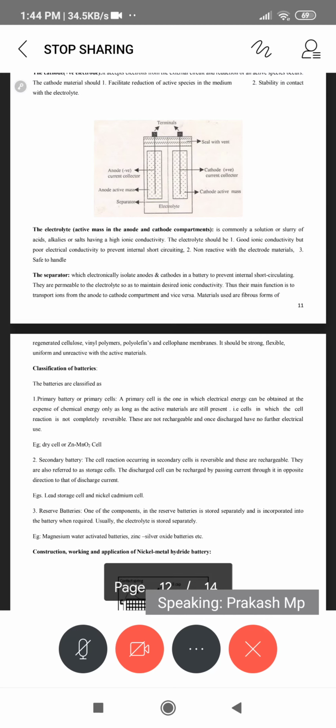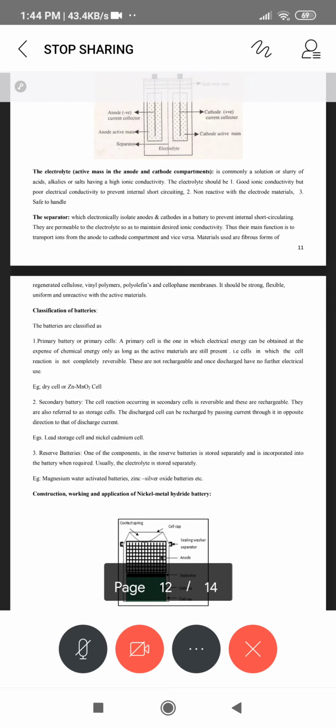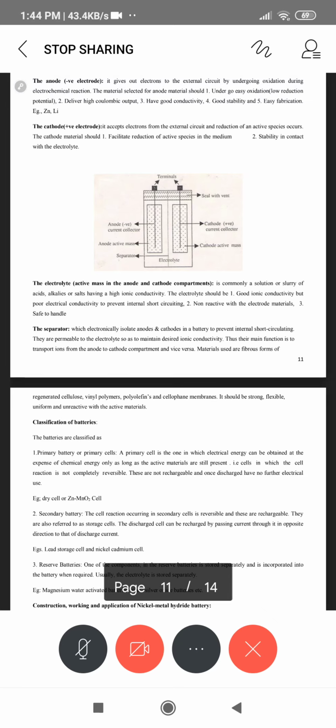For heavy vehicles 12 volts is required, but it can be done with 2 by 2 or 2 by 1. So 2 feet by 1 foot can produce 6 volts, and 2 by 1 can also produce 12 volts. These are the characteristic features of these batteries.